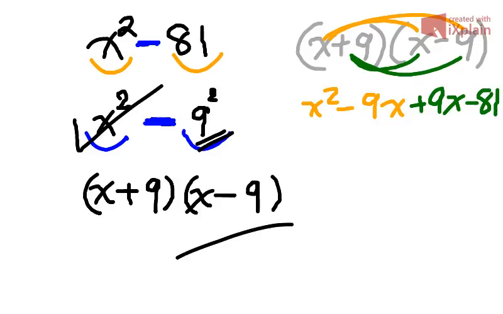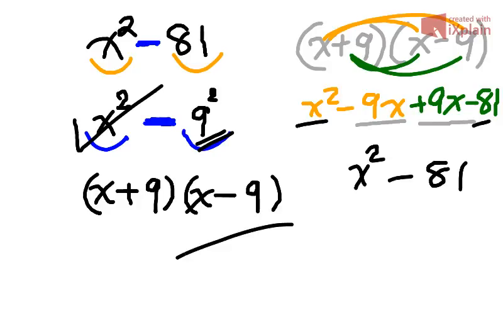Look at what happens there. The x squared is here, the -81 is there, and look how interesting, the -9x plus 9x is 0. They cancel each other out. That's why one of the signs needs to be plus and one of the signs needs to be minus.